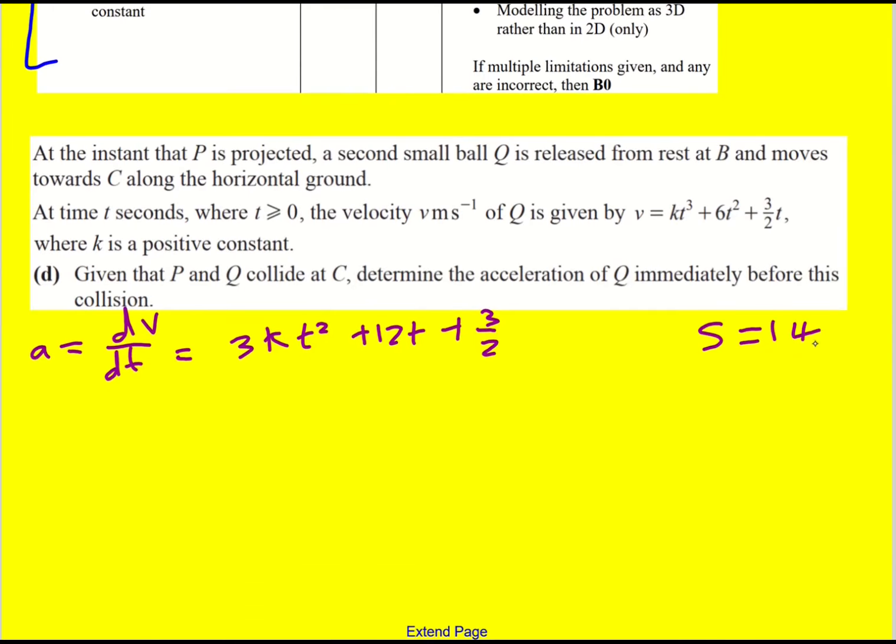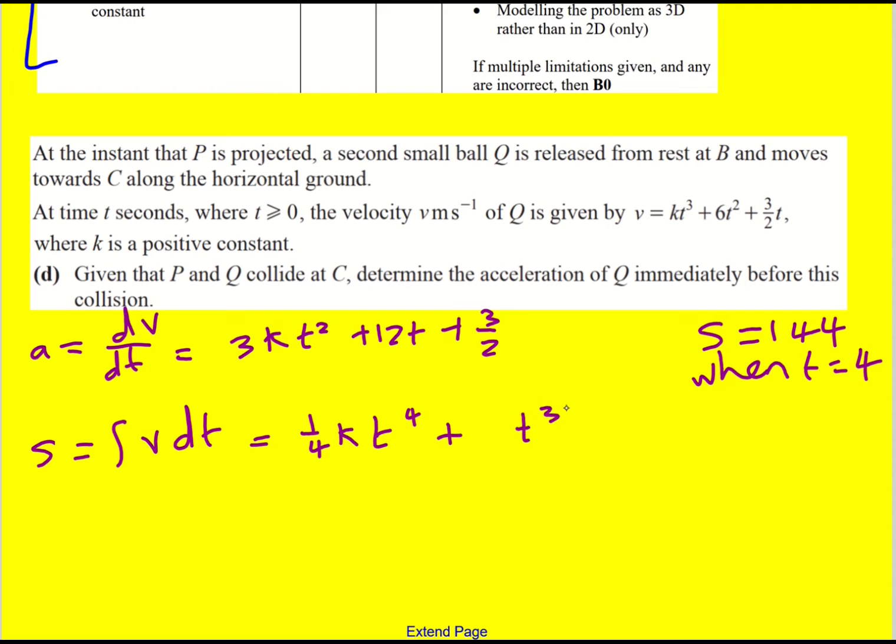So s equals 144 when t equals 4. Let's work out an expression for s. That's going to be integrating the velocity. You differentiate the displacement to get the velocity, ds by dt, so integrate to get back. Raise the power by 1 and divide by that new power. It's going to be a quarter k t to the 4. Then raise the power by 1 to 3 and divide by the new power.